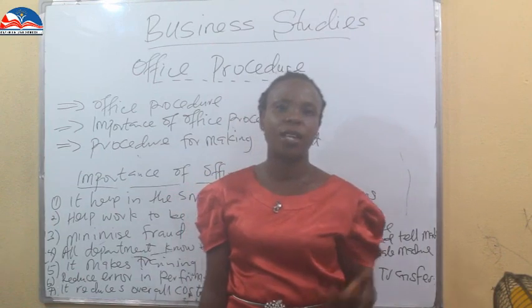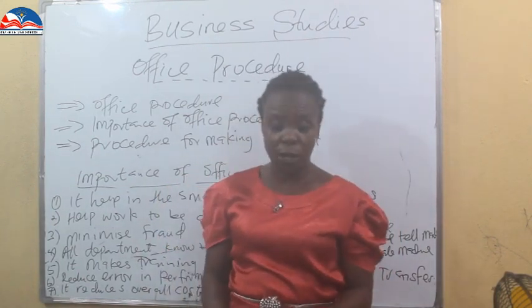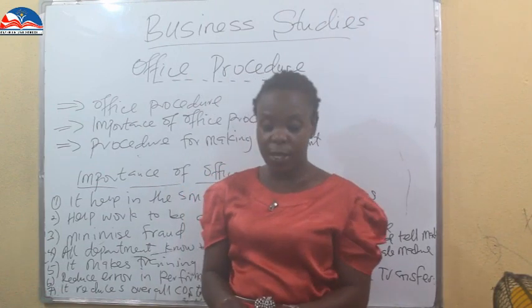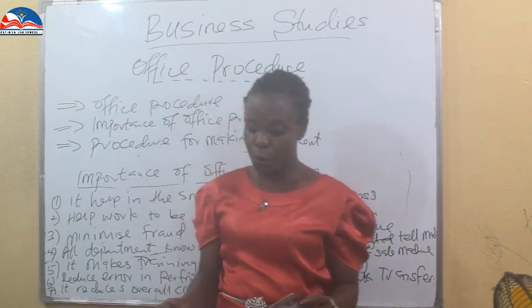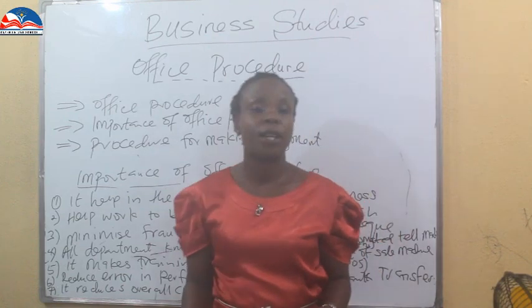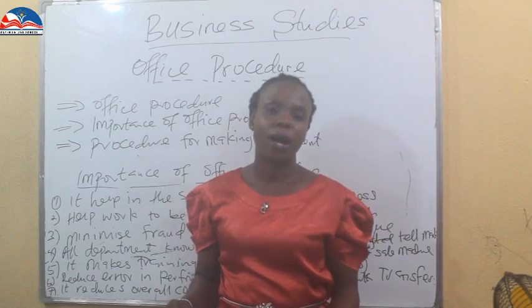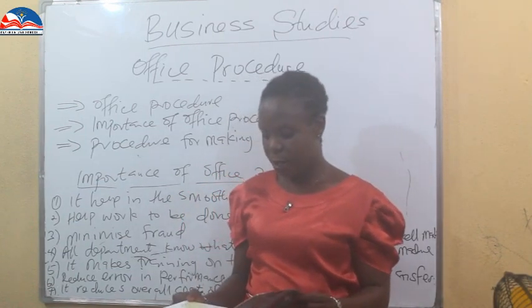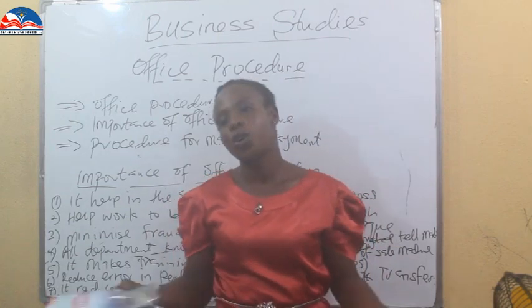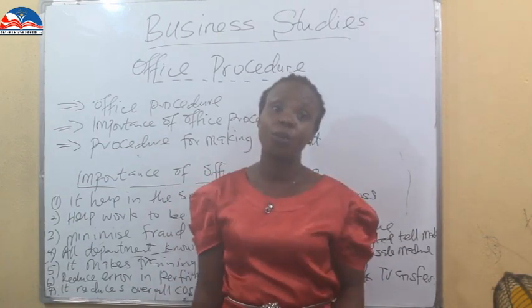So the procedure that business A will take will not be the same procedure that business B will take. Each business has their own different procedures. It is a rule usually used to carry out activities that occur in the business.